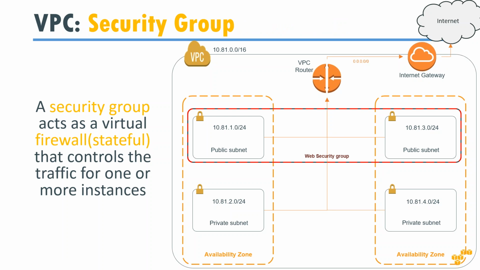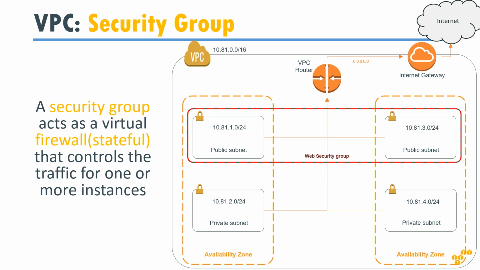So now we have set up our VPC and we need to secure it. For security, the service is called a security group, and as the definition on the left-hand side says, a security group acts as a virtual firewall and it is also stateful. Meaning when an incoming connection comes with a particular port, saying that it wants to reach port 80 of my public subnet, the return traffic will also be sent to the same IP address where the request came from.